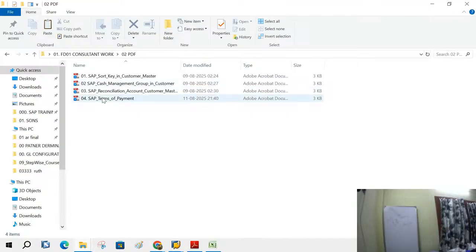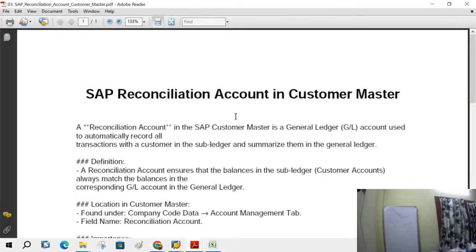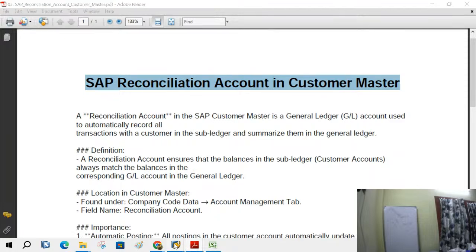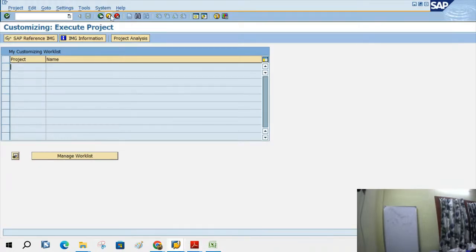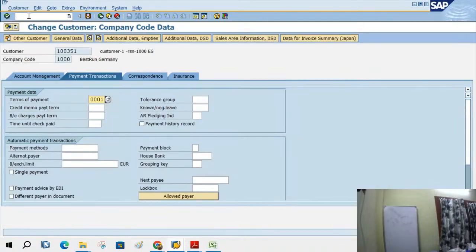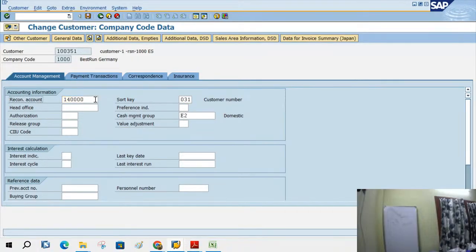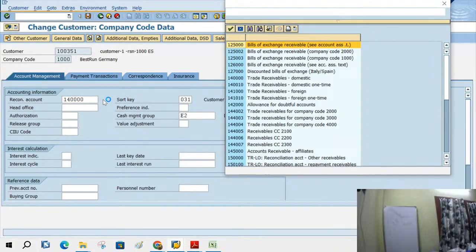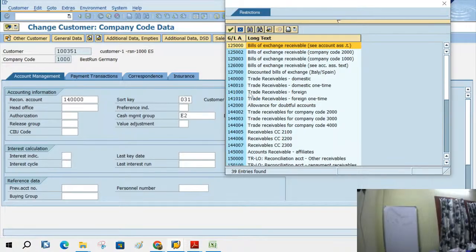So now let's discuss the three fields which we are going to enter. First one is called SAP reconciliation account in customer. What is the reconciliation account which you have entered in customer, Shamika, for 1000 company code? 1,40,000. Yes or no? Everyone has entered it when they created. This is nothing but a general ledger account, trade receivable domestic.